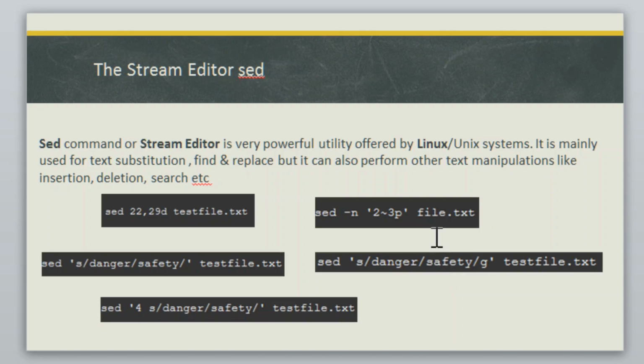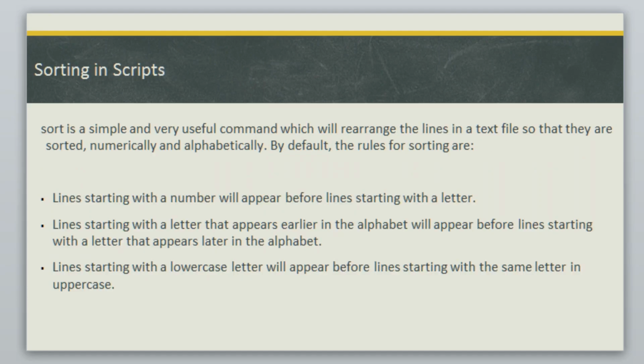We have another search and replace here: in the file testfile.txt, search for danger and replace it with safety. Same with this one here. We also have some other options that we can throw onto sed. So sed can be a very useful tool as well, guys.